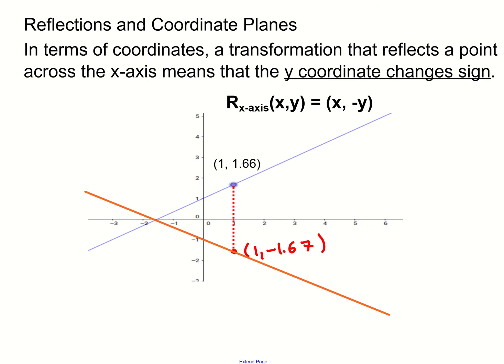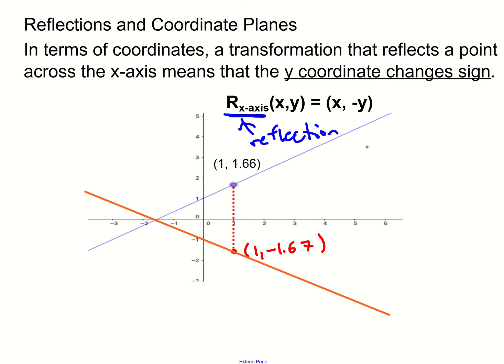All right, so then we can say as a general rule that a reflection about the x-axis of the coordinates (x, y) induces a transformation such that the image coordinate is now the same x value, but the y value changes sign. And this is the symbol that we use for reflections.